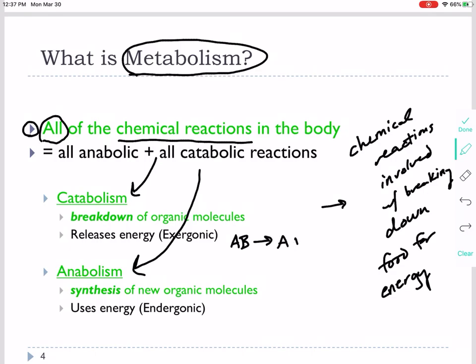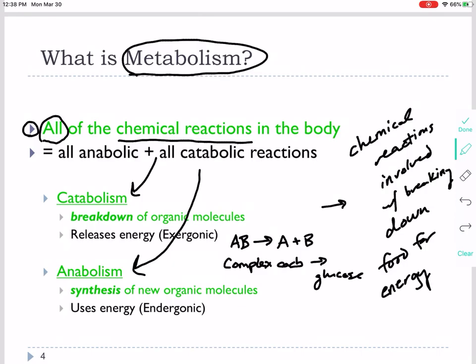We start with something big, and through a chemical reaction, we break it down into something smaller. What is an example of catabolism? Breaking down a complex carb into a simple sugar. It's catabolic, starting with something big and breaking it down into smaller.